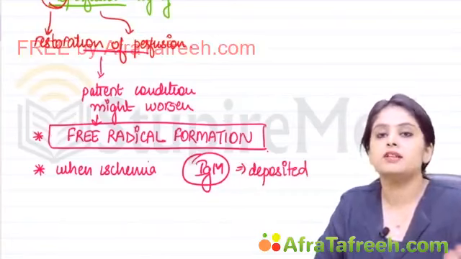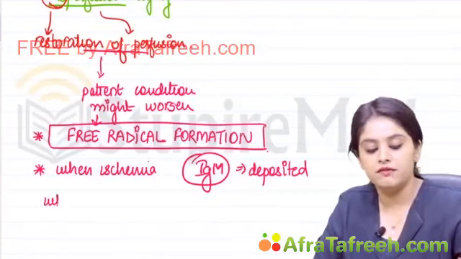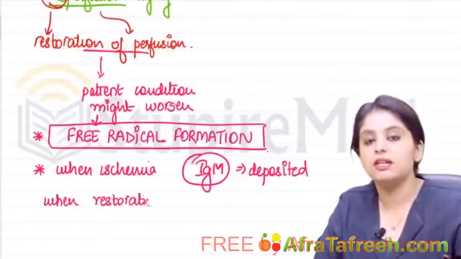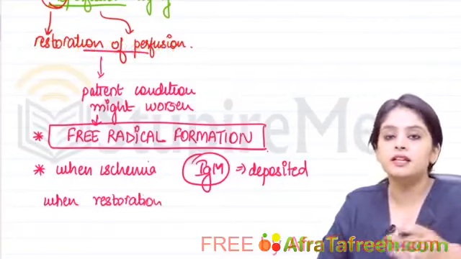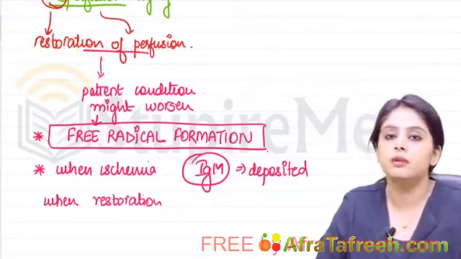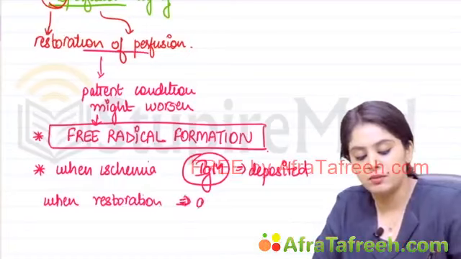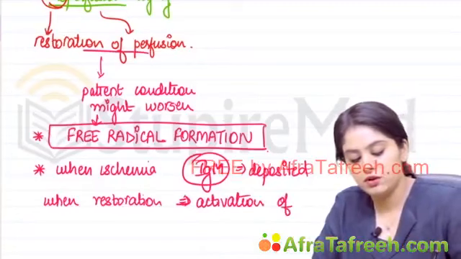Now what happens when the blood supply is restored? When there is restoration, this IgM that is already deposited there comes in contact with that restored perfusion, and there is activation of complement.